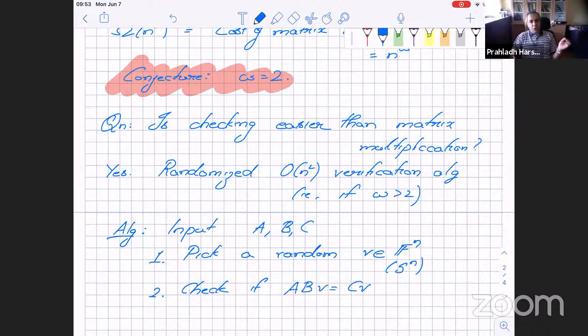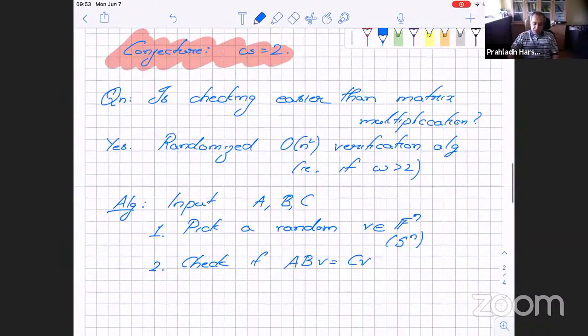Now you'll say, how do I make this check? The way to make this check is not to first compute the product AB and then multiply by V. Instead, we compute BV, then we compute ABV, and then we check against CV. That's the algorithm.